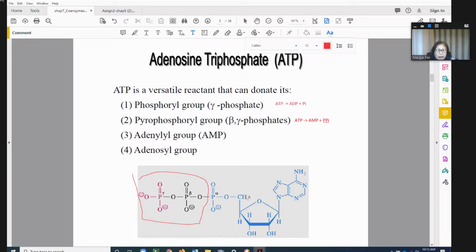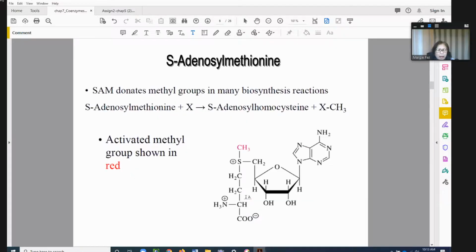Another metabolite coenzyme is S-adenosyl methionine, or SAM. This compound is formed by the reaction of methionine with ATP.